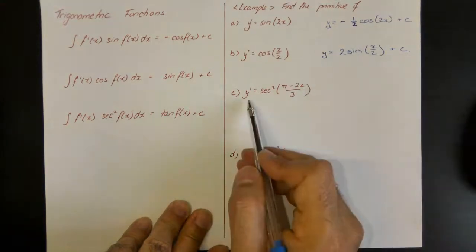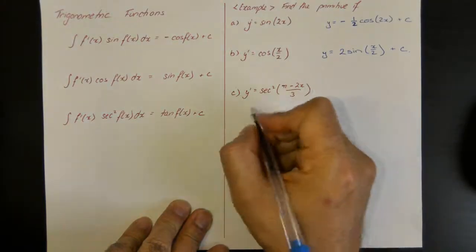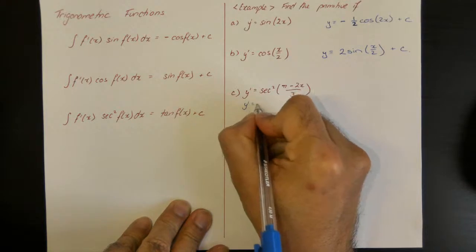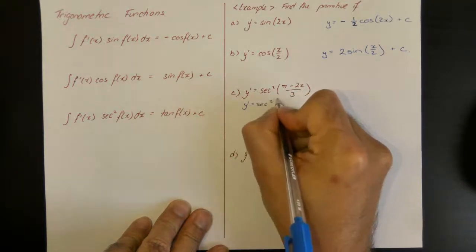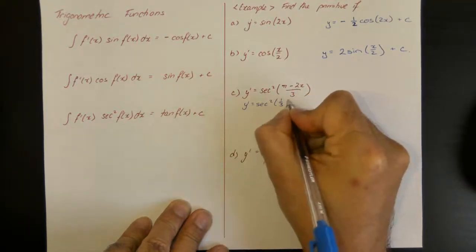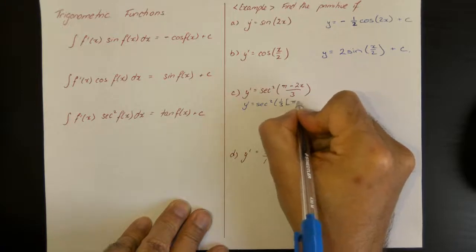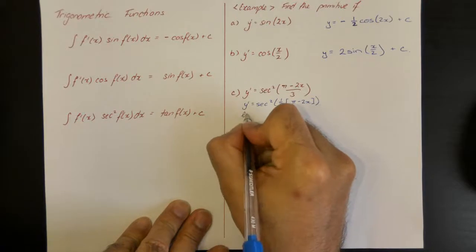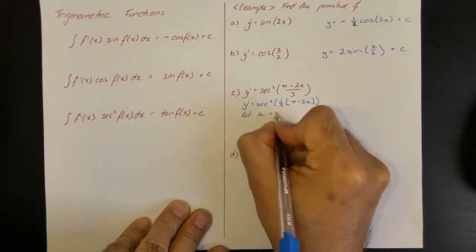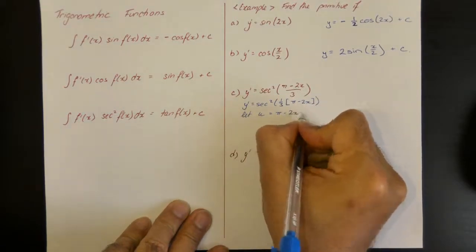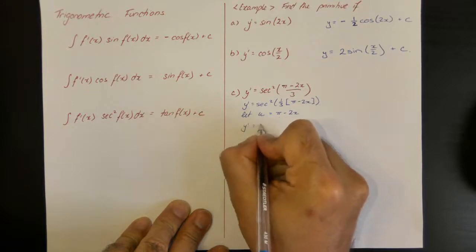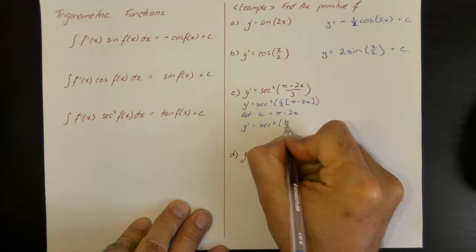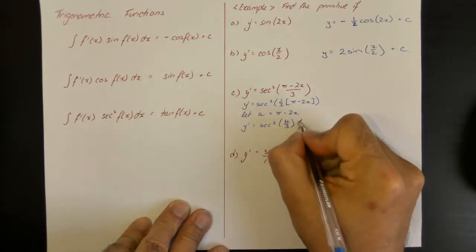So this one here, what I'm going to do is write it as sec squared of a half on pi minus 2x. Now if I let u be pi minus 2x, I get u on 3. Okay.